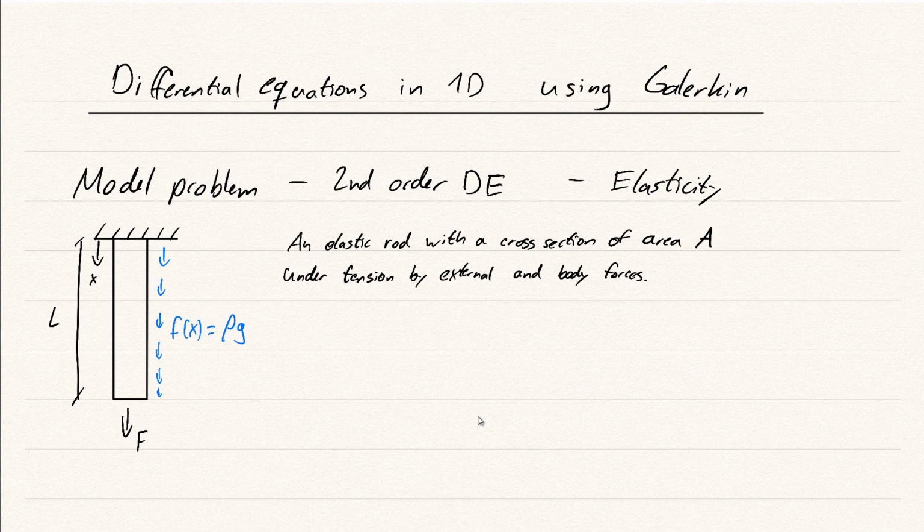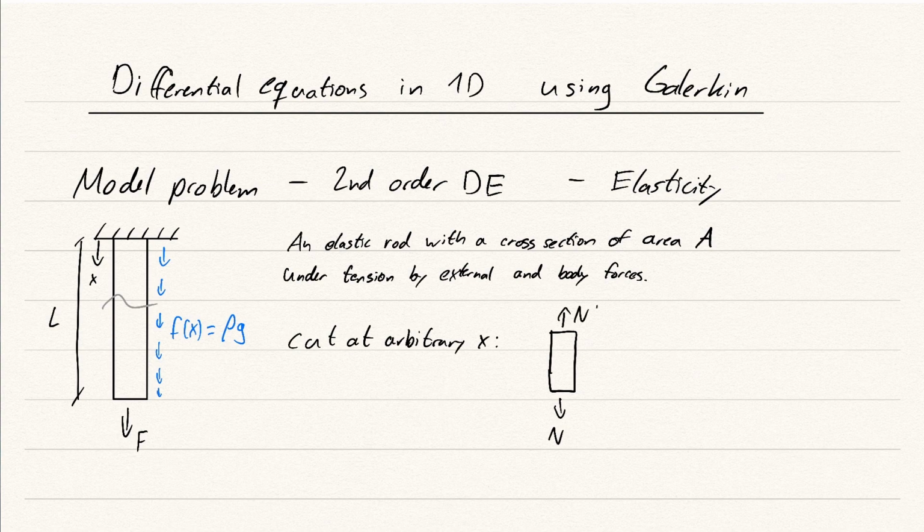So let's look at this by doing a free body diagram. First we will start by making a cut at some arbitrary length x. This cut at an arbitrary x is going to yield a small section like so, and we have here the normal force, and over here we also have a normal force.